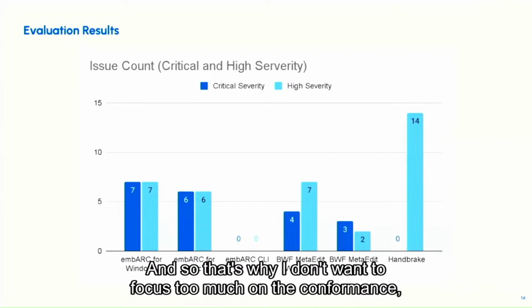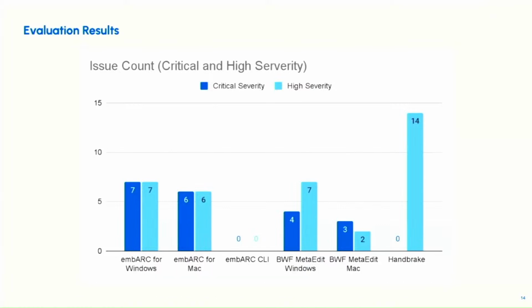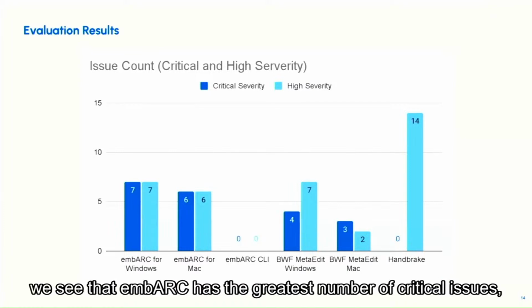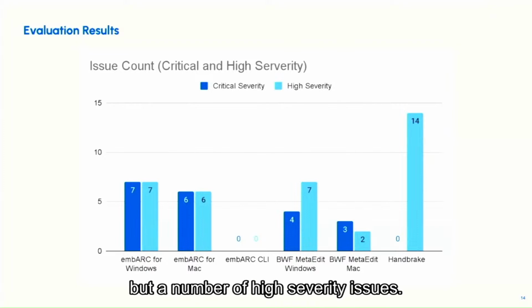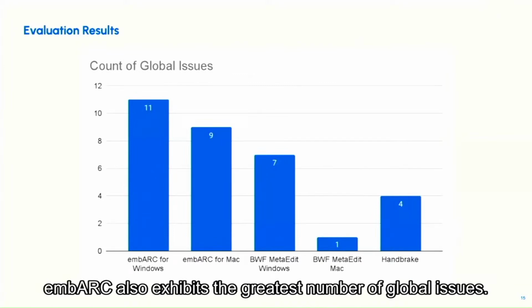And so that's why I don't want to focus too much on the conformance, because it's also important to look at the results based on the issues defined. If we just compare the issues across the three tools, we see that Embark has the greatest number of critical issues. And then on the other hand, Handbrake has no critical issues, but a number of high severity issues. In terms of global issues, Embark also exhibits the greatest number of global issues.